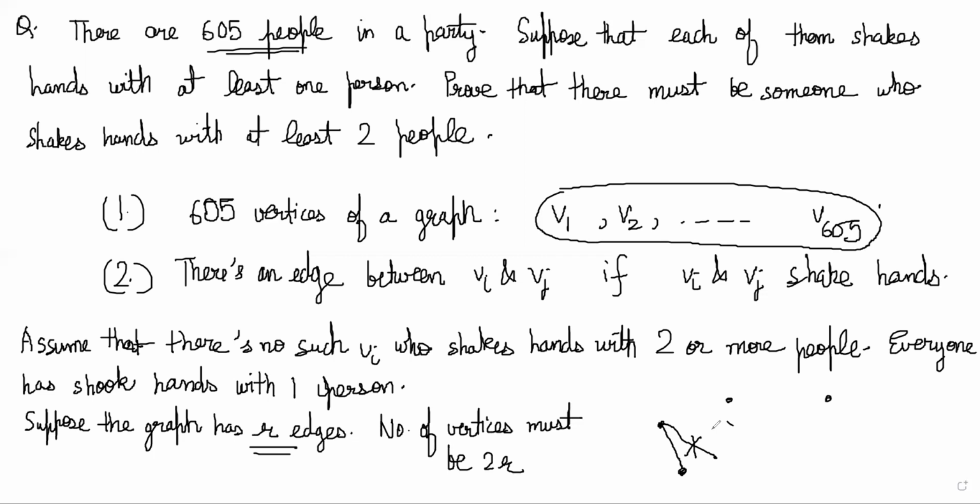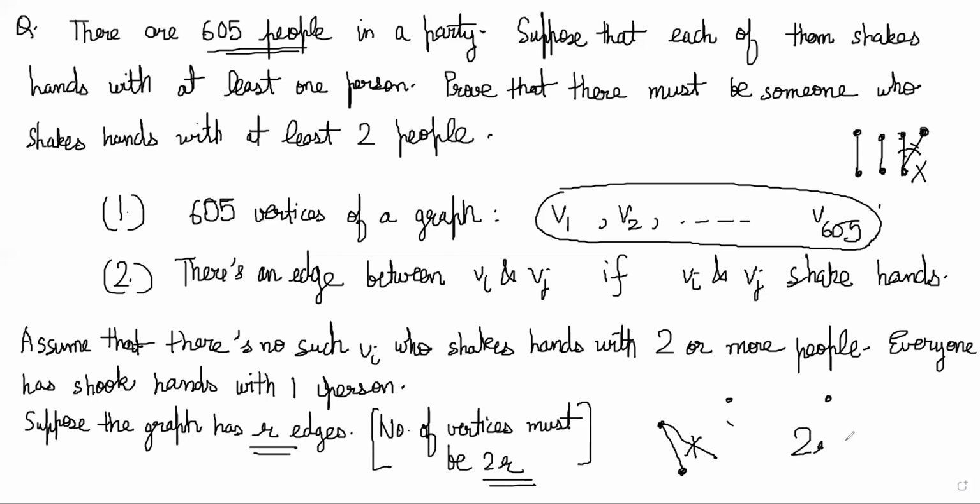And since everyone shook hands with only one person, it will always be a situation like this. You cannot have a situation like this where one person is shaking hands with two, because then the counting will not be 2R. So this is not allowed. So the number of vertices must be 2R.